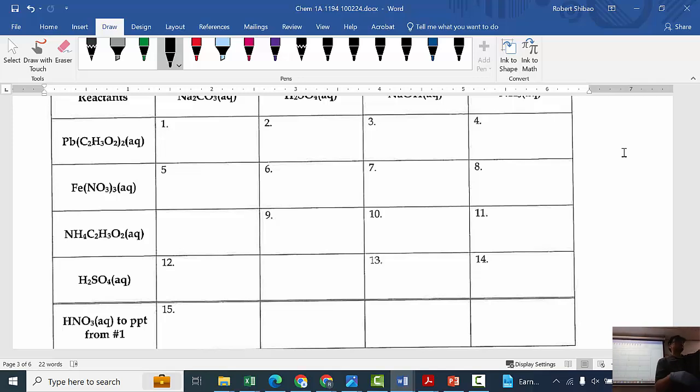All right, I need more digestion here, but it is getting a little bit clearer. It's clear enough for me because there's always a compromise between maximizing yield and saving time.